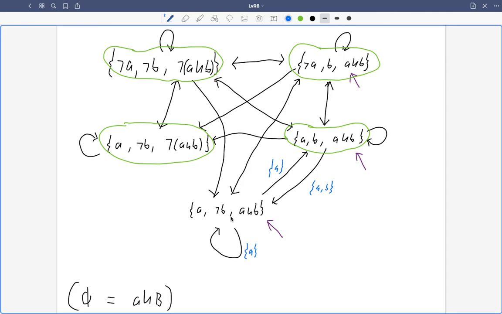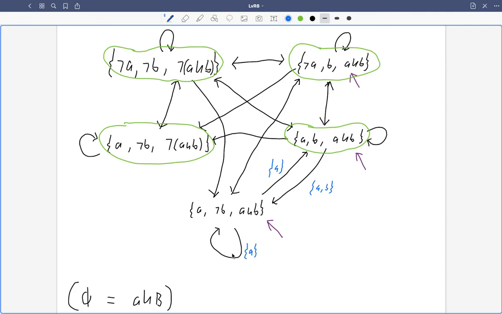And when we get into this state and stay here, we see that A is true, but B will never become true. So if we go into this state and stay here, then we do not validate A until B.